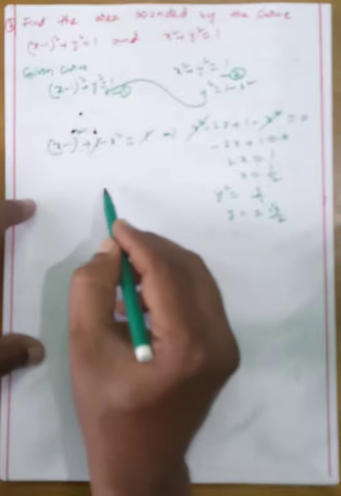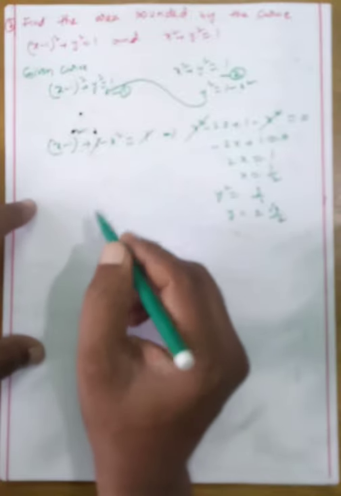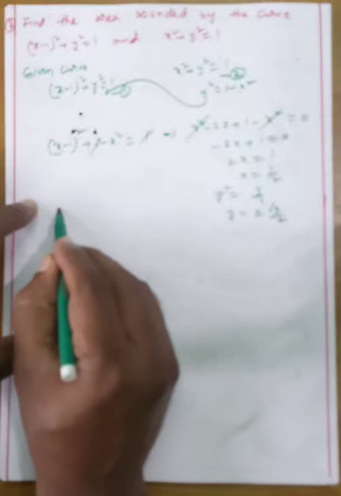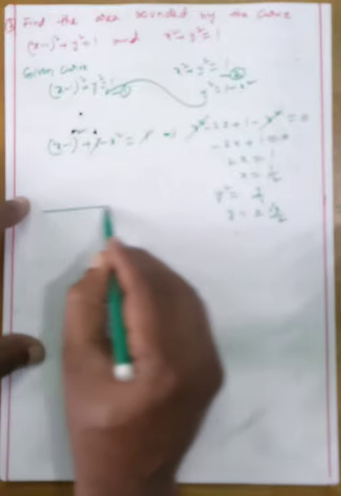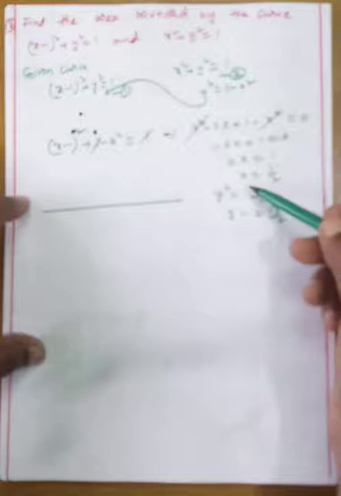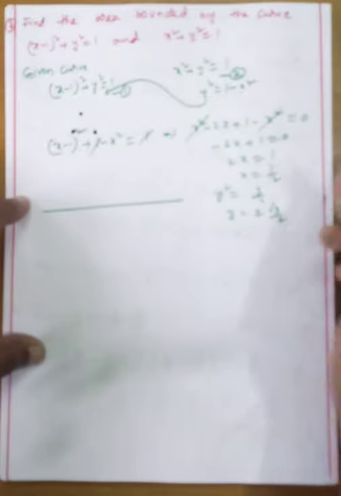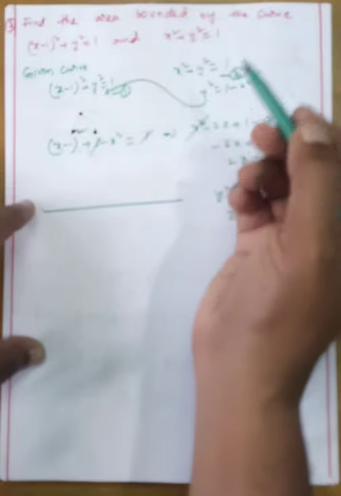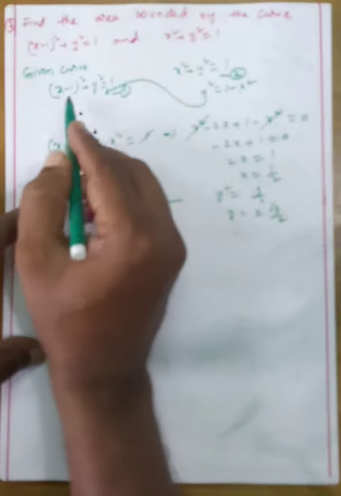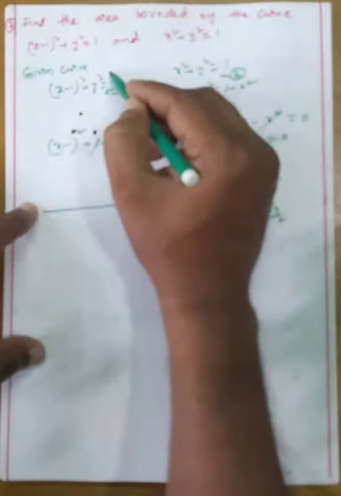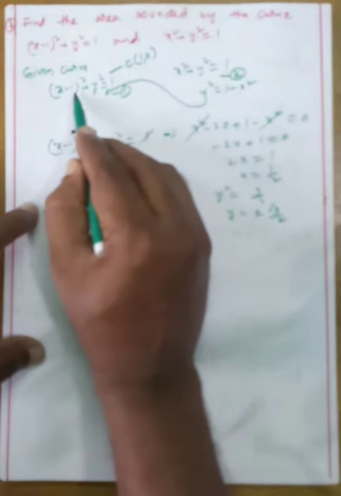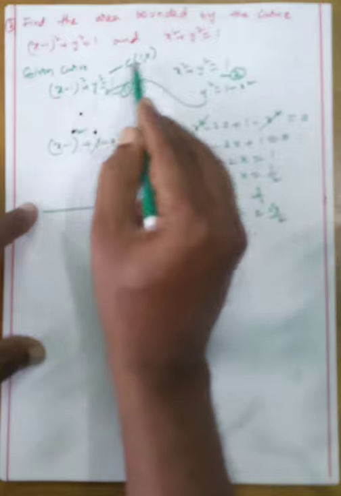Now we are going to the diagram. Clearly observe that. Now we draw the diagram. The x ordinates are there, this is the right side. Observe that this is a circle. The center of this circle is 1 comma 0, using (x minus h) whole square plus (y minus k) whole square equal to r square.